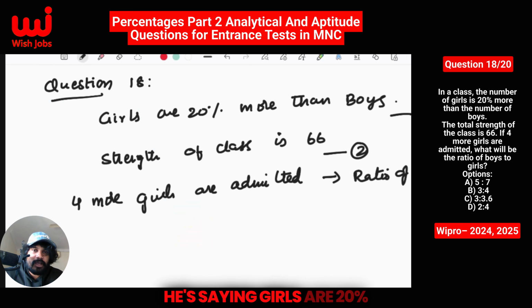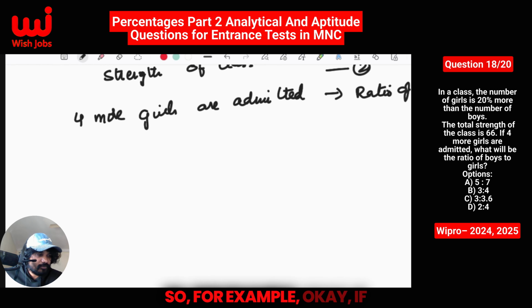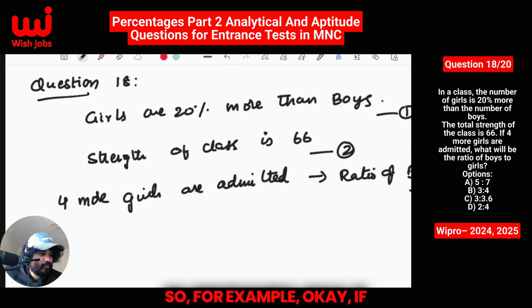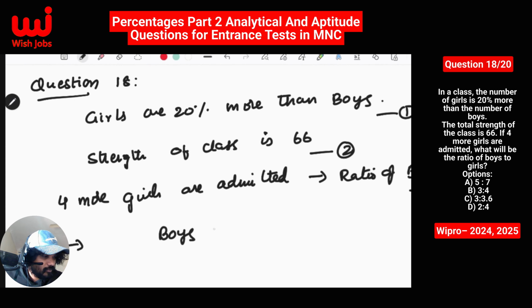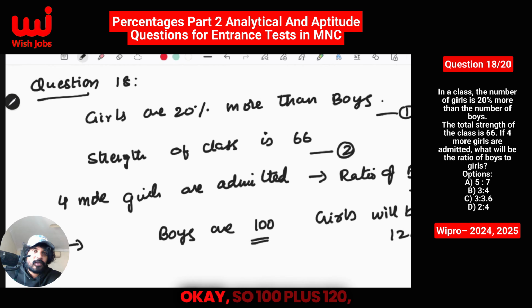So he's saying girls are 20% more than boys. For example, if you take boys as 100, girls would be 120. So 100 plus 120 is 220 people. We'll use x because we want to equate it to 66.